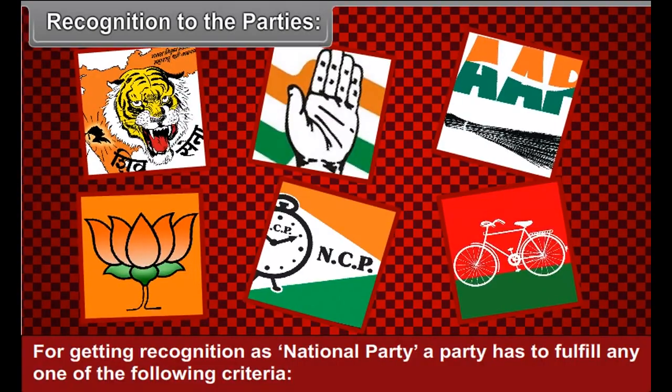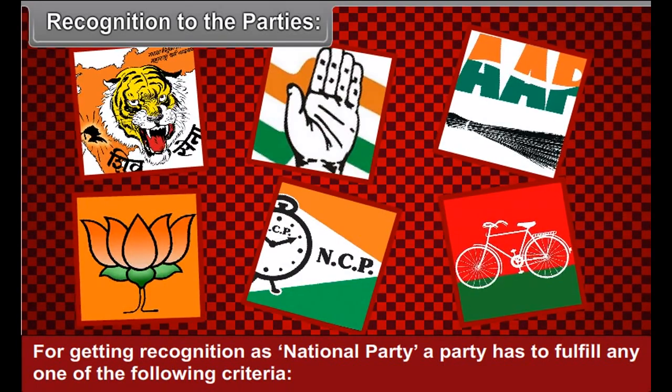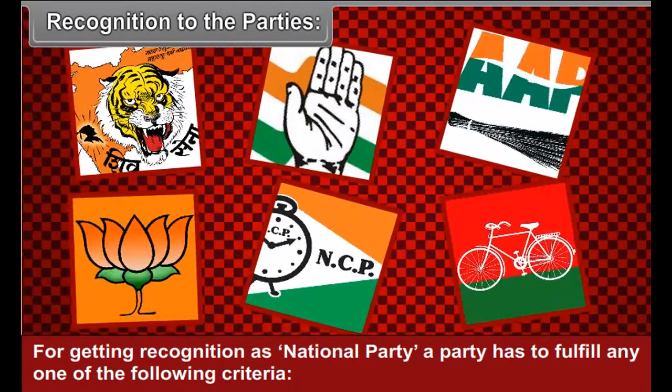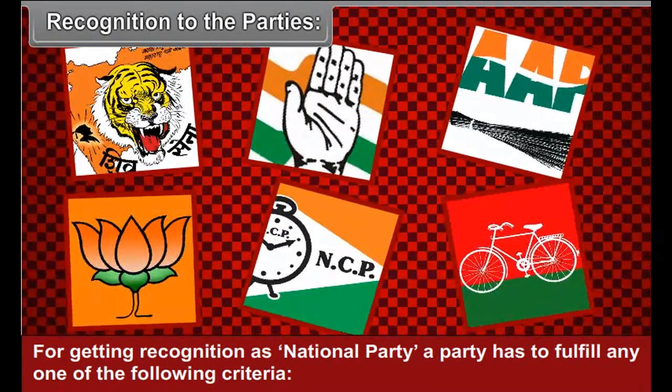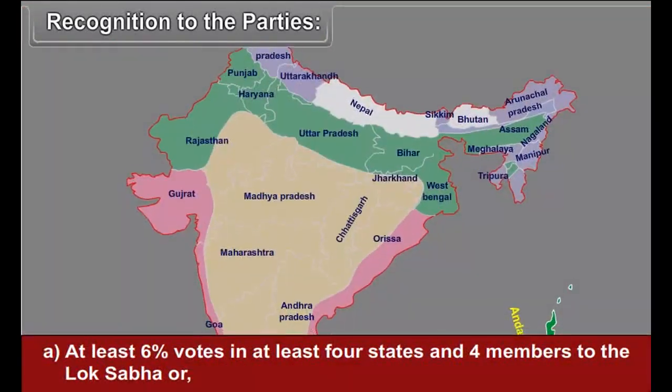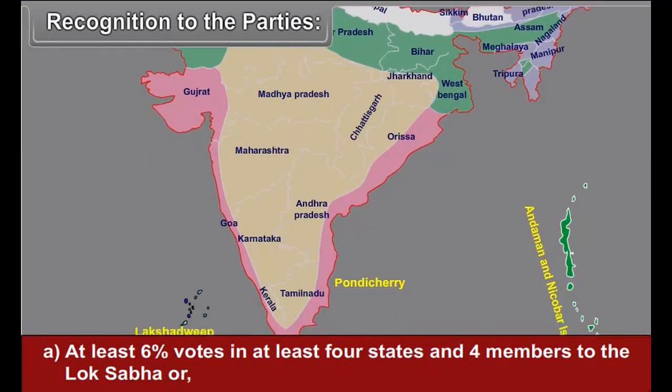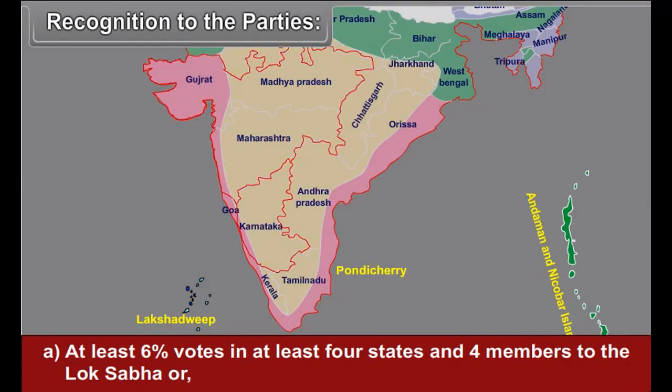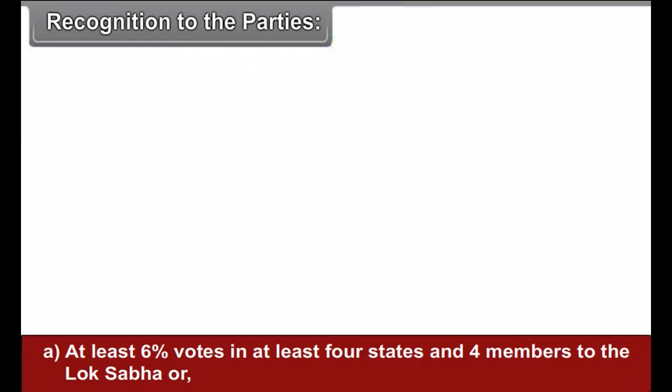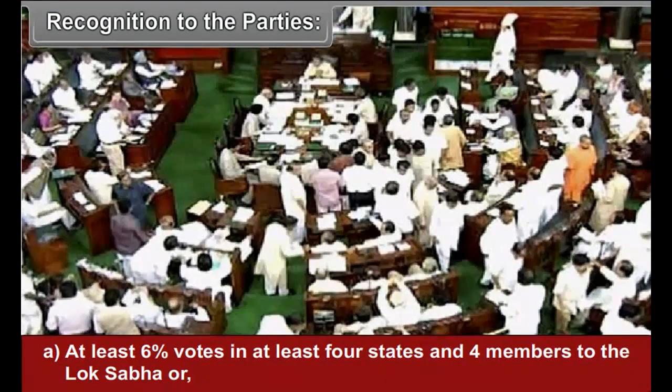Recognition to the parties. For getting recognition as national party, a party has to fulfill any one of the following criteria. A. At least 6% votes in at least 4 states and 4 members to the Lok Sabha.